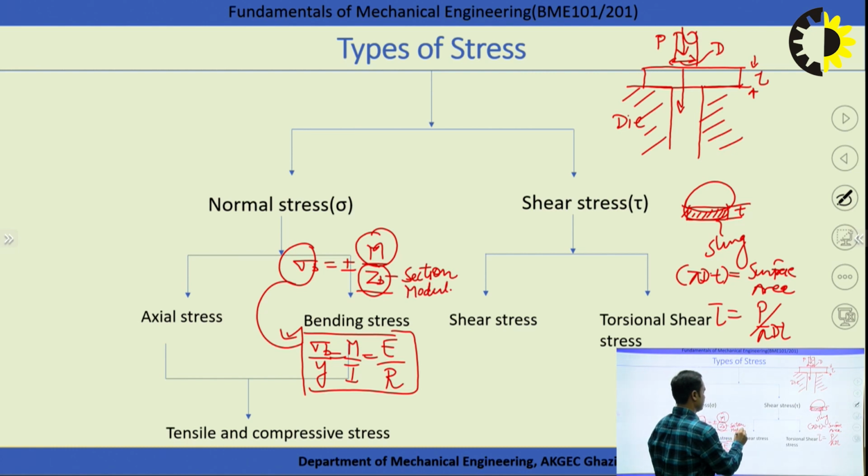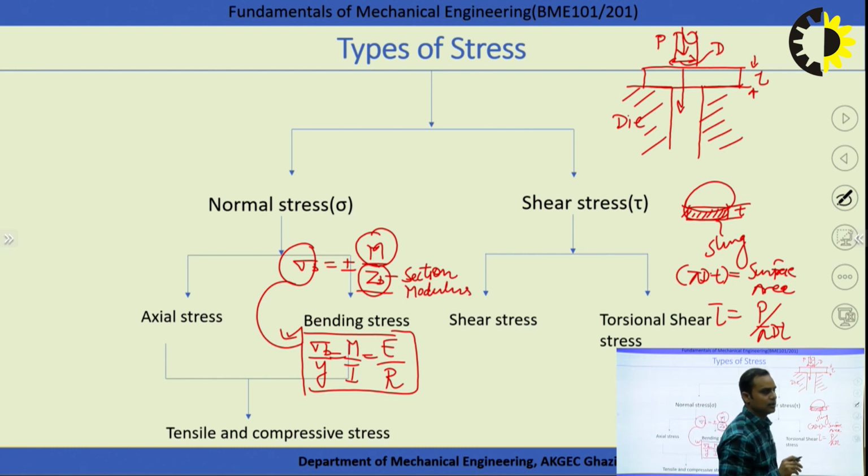Suppose we have to consider the strongest section under the action of bending. To find which section is the strongest, we have to compare the Z of both sections. Suppose there are two sections. One is a rectangle and the other is an I section, and both are made of the same material.